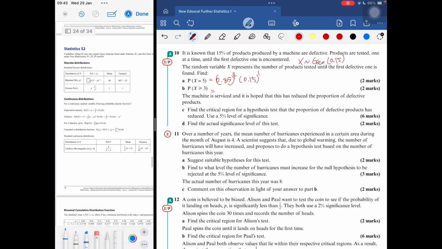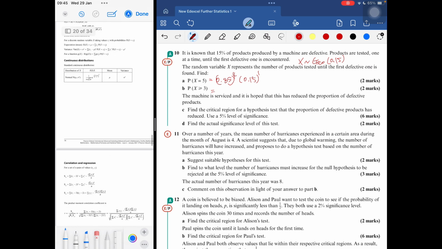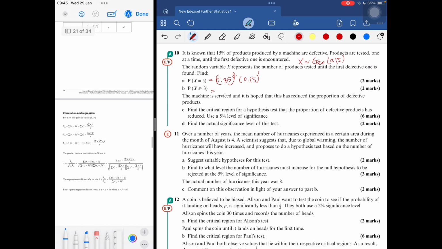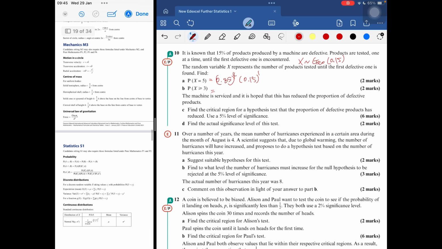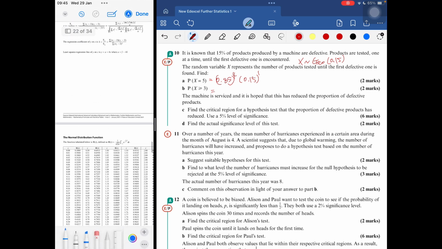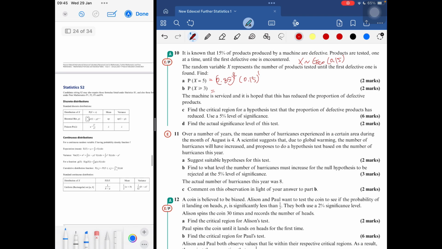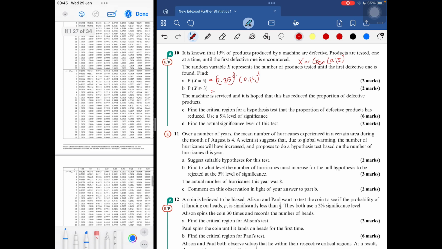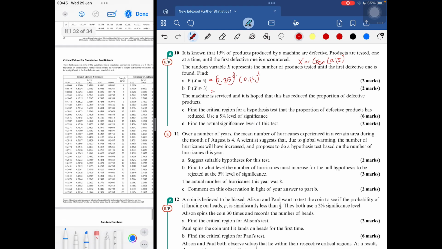So for the geometric CDF, I think we don't have it here.